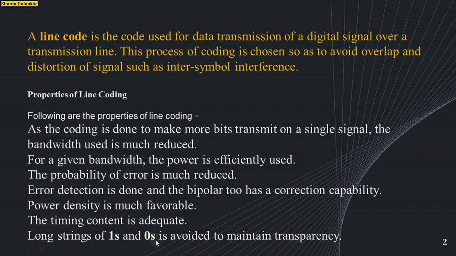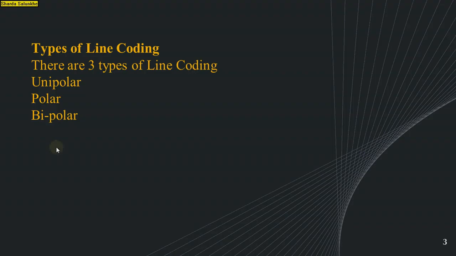So these are some properties of the line codes, where the coding is efficiently done so that more bits are transmitted in a single channel, bandwidth requirement is reduced, power is efficiently used, error probability is reduced, error detection and correction capability increases, and power density is favorable. By maintaining these, long strings of ones and zeros are avoided to maintain transparency.